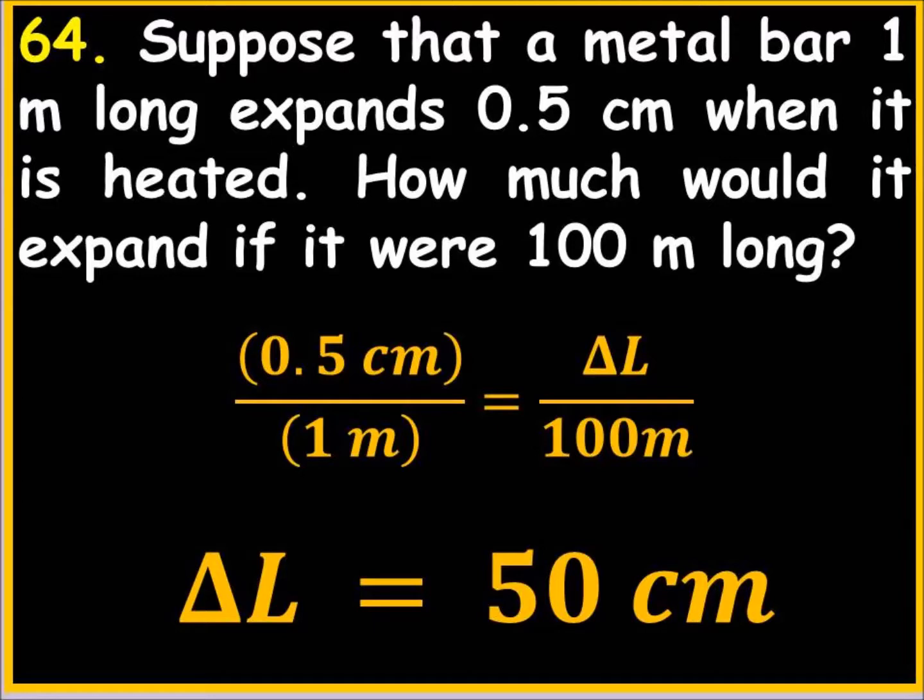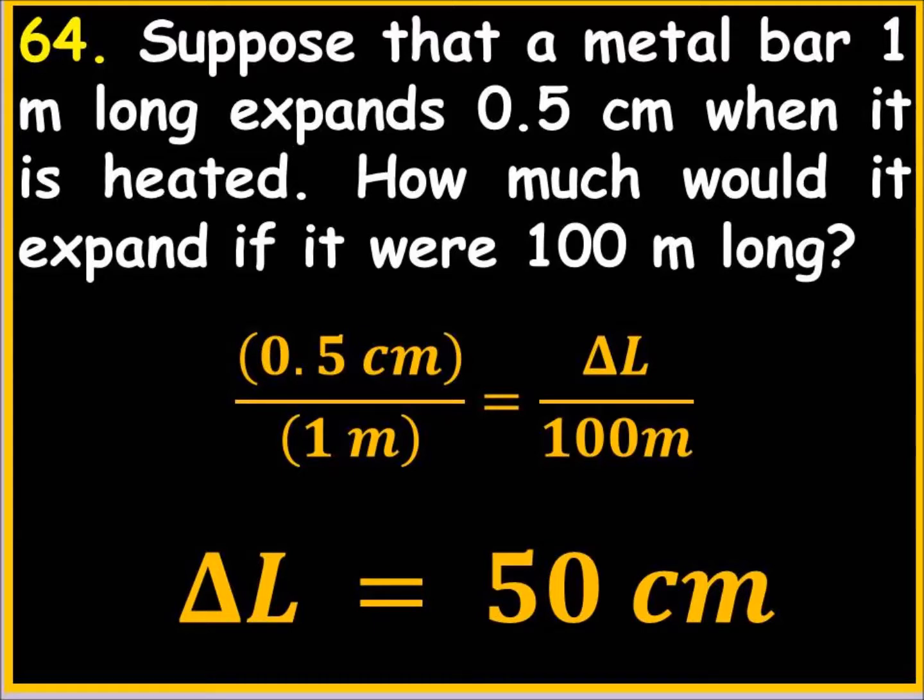Suppose that a metal bar 1 meter long expands 0.5 centimeters when it's heated. How much would it expand if it were 100 meters long? Well, it's all proportional. 0.5 is to 1 as x is to 100, and it would be 50 centimeters.